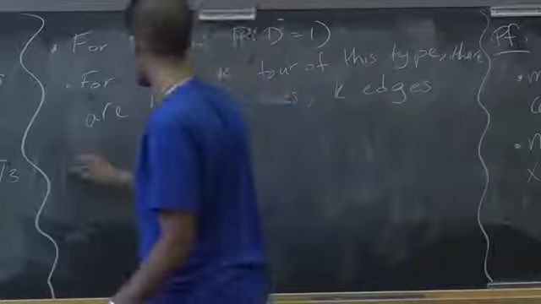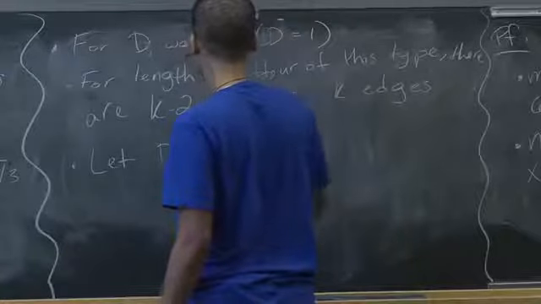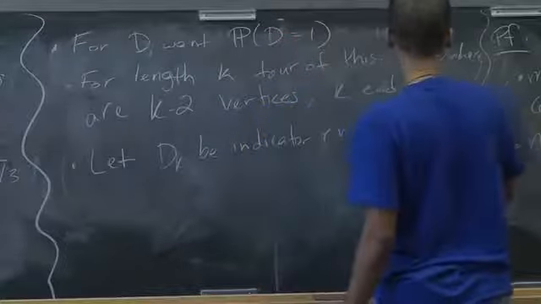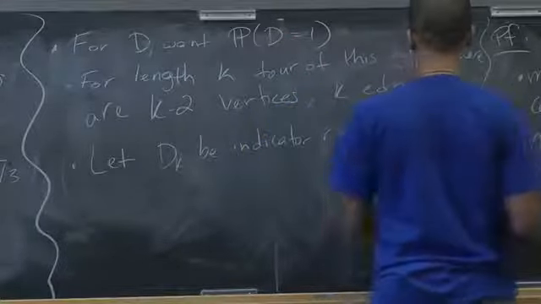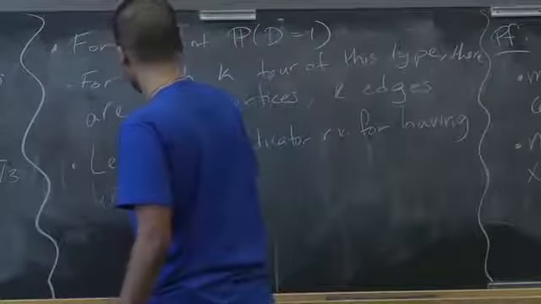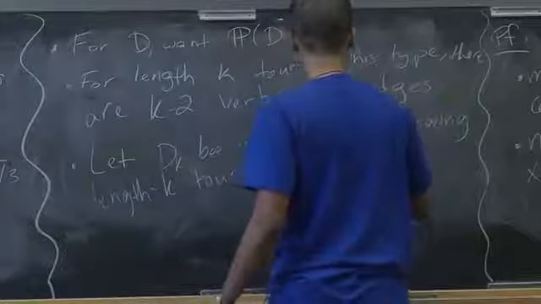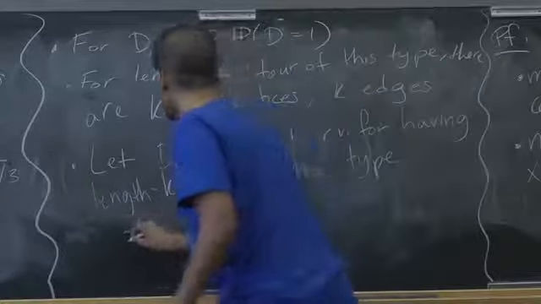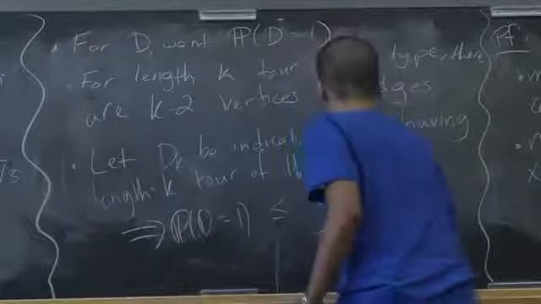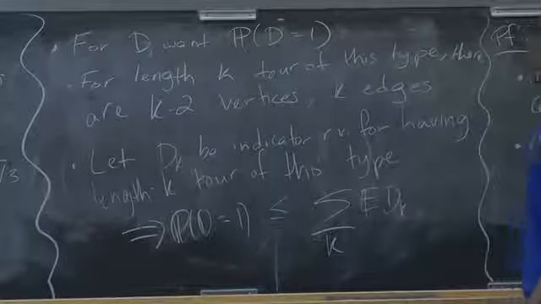So let dk be an indicator random variable for having a length k tour of this type, which implies that the probability that d is equal to 1 is at most the sum over all k of the expectation of dk, or the probability that dk is 1.